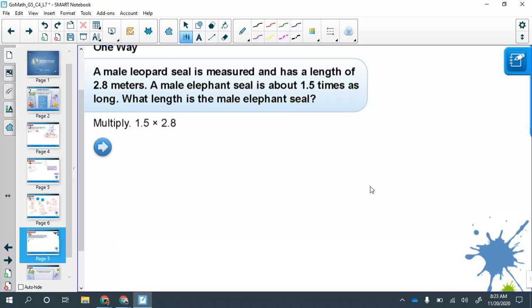So when I see times, first of all, that lets me know that I should probably multiply, right? And then it says 1 5/10 times as long. Well, as long as what? It's as long as a leopard seal. So I know that I get 2 8/10, and I need to multiply that times 1 5/10.